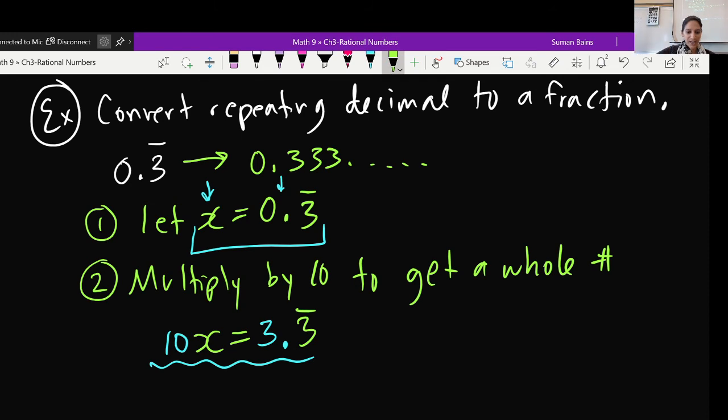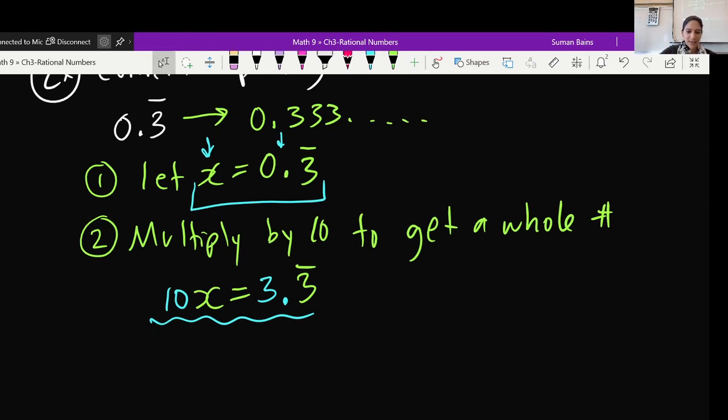Okay, so now that we have that, we can also take this and rewrite it to say 10x equals, do you see that I can take 3.3 and split it up to say that it's 3 plus 0.3 repeating?